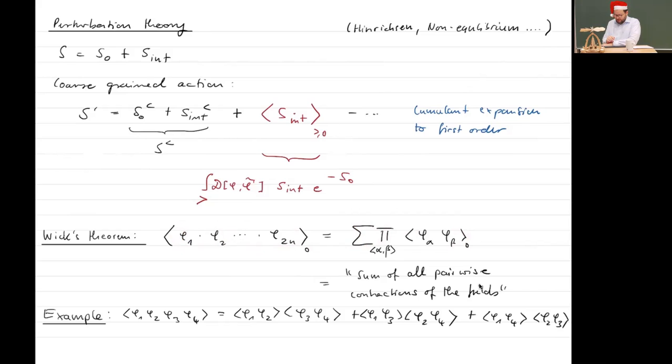So for example, on the bottom, if you have 4 fields evaluated at 4 points in time, signified by phi 1, phi 2, phi 3, phi 4, then we just have to look at all possible combinations of how to make groups of 2s out of these 4 fields.